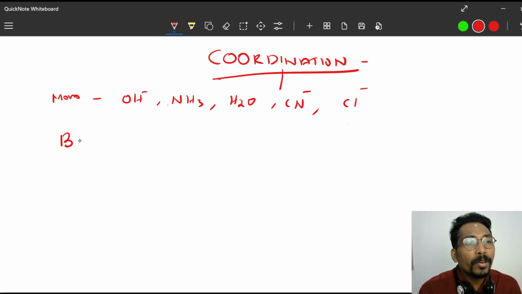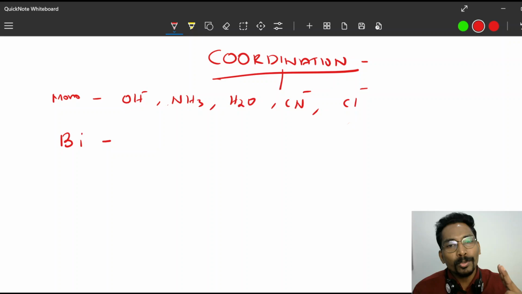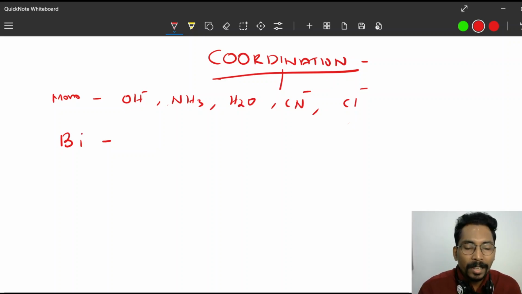Important examples for bidentate or didentate ligands. Bidentate or didentate means it can make two coordinate bonds at a time. Two important examples are very significant here. One is en, which means ethylene diamine, or ethane-1,2-diamine. It's a very important bidentate ligand.